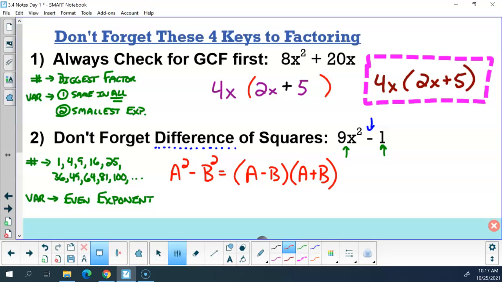So you take the square root of each term, so this would really be 3x quantity squared minus 1 quantity squared. So this would factor to be 3x minus 1 and 3x plus 1.